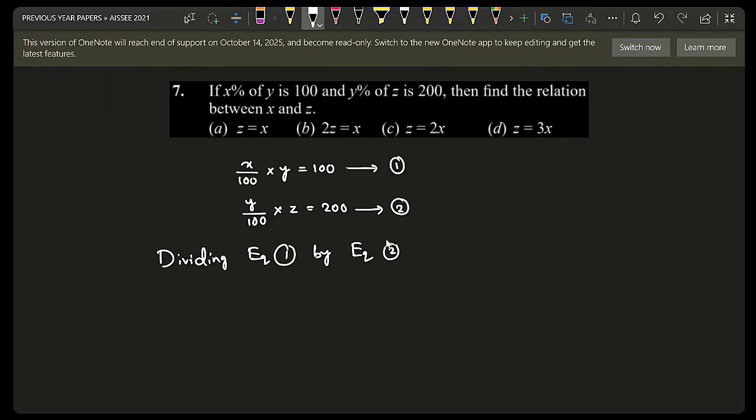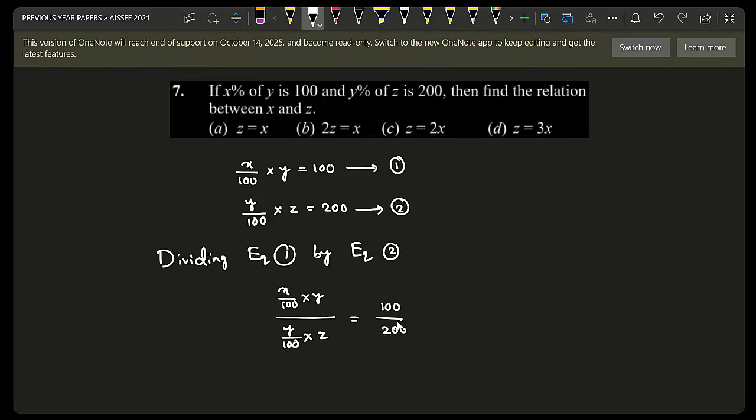First we divide the LHS, then the RHS, left hand side and right hand side. So LHS of equation 1, that is x by 100 into y, divided by LHS of equation number 2, y by 100 into z, is equal to, on the RHS, 100 divided by 200.